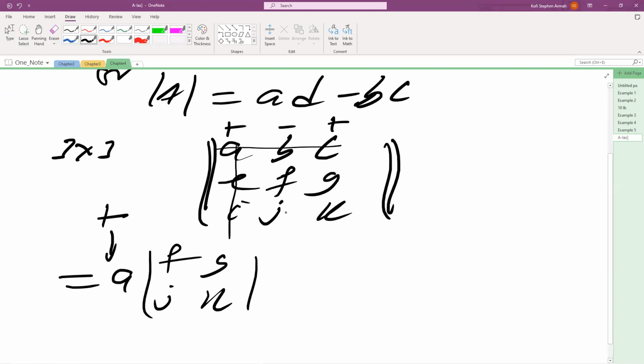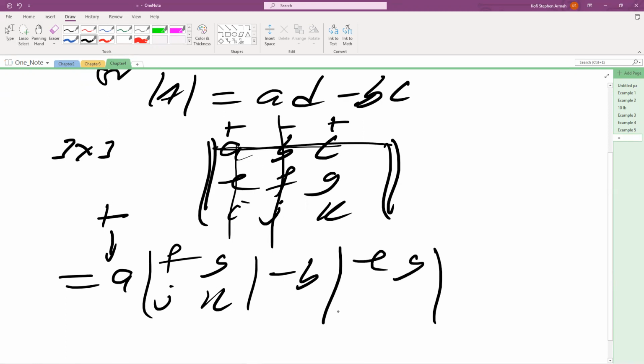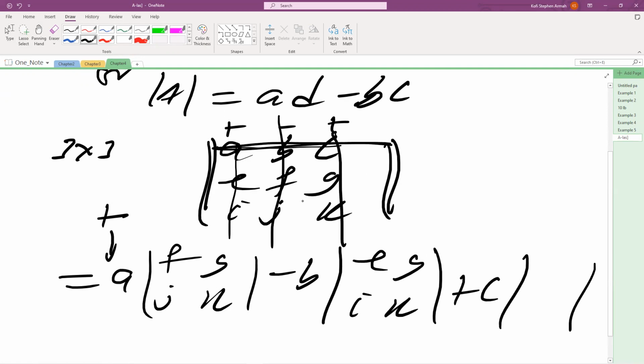For B the sign is negative, and you put a determinant here. You cover this side and that side, so you're left with E, G, I, and K. The next one is plus C, determinant of, and you cover this side and this side, leaving E, F, I, and J.